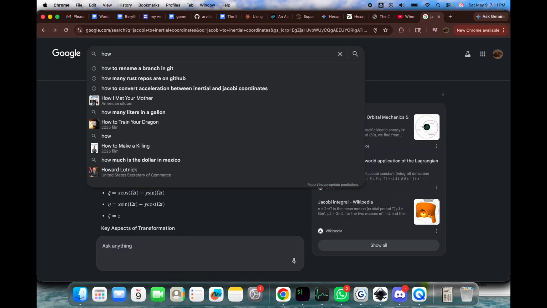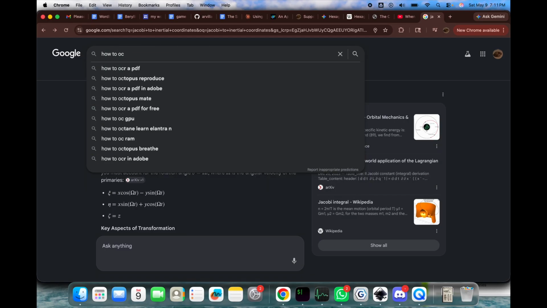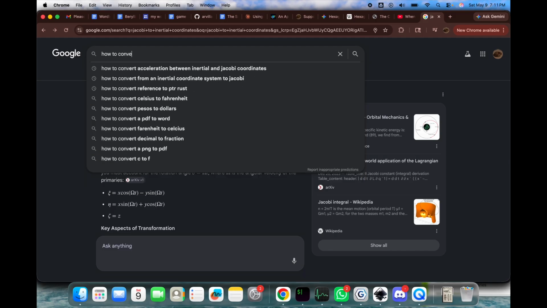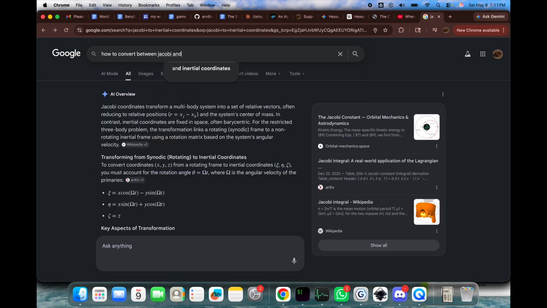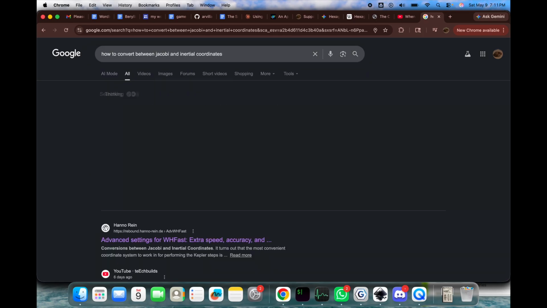How to convert between Jacobi and inertial coordinates.